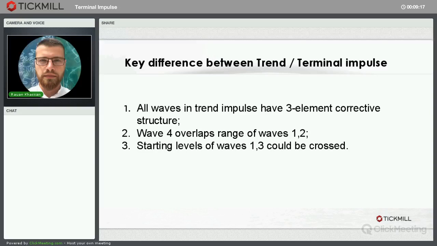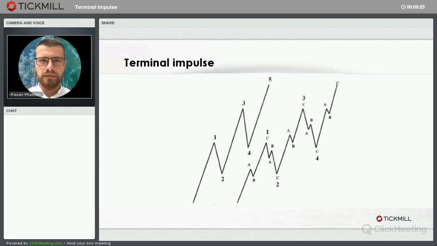The second difference between trend and terminal impulse is that wave 4 overlaps the range of waves 1 and 2. Let me mark it on the screen quickly.